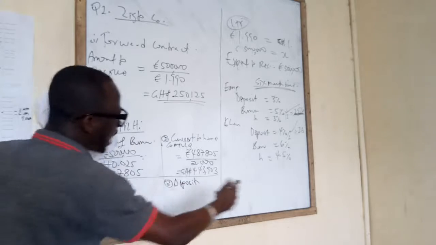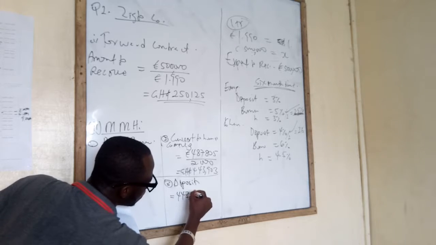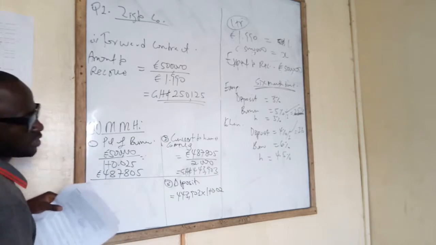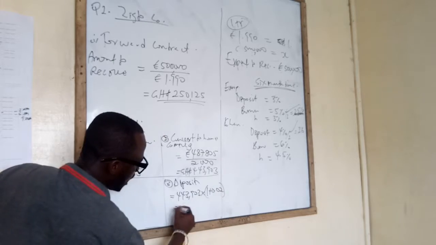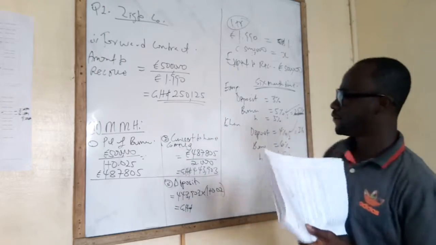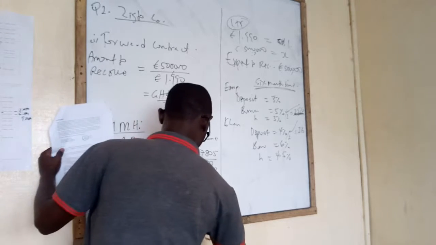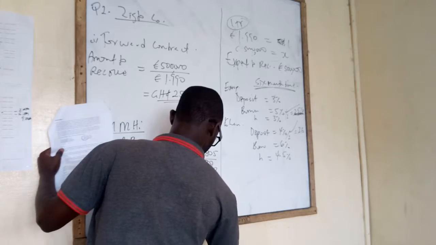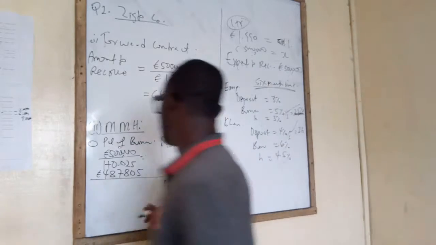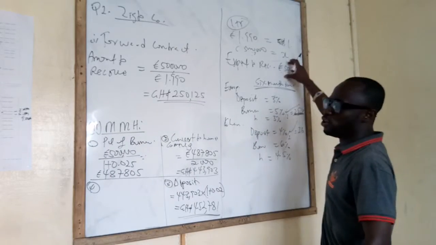So in 6 months' time, the money there will be 243,903 times 1 plus 0.02. Make sense? That will give us 248,781.